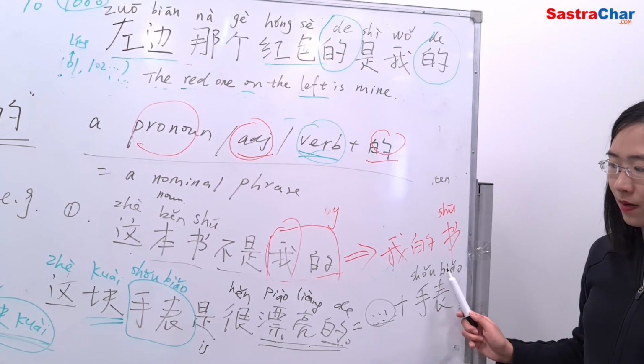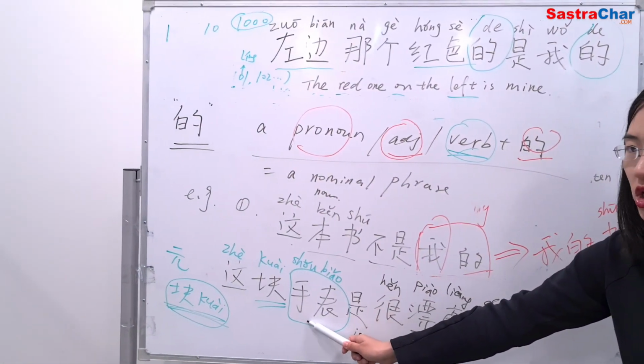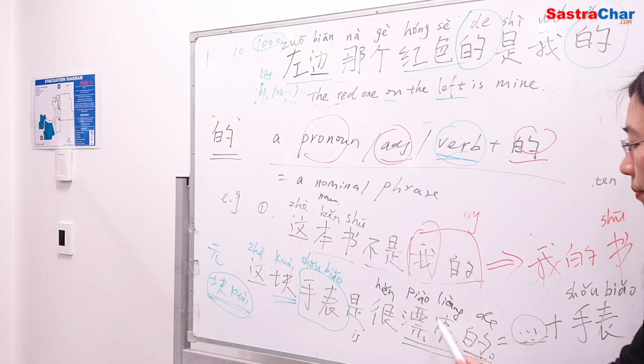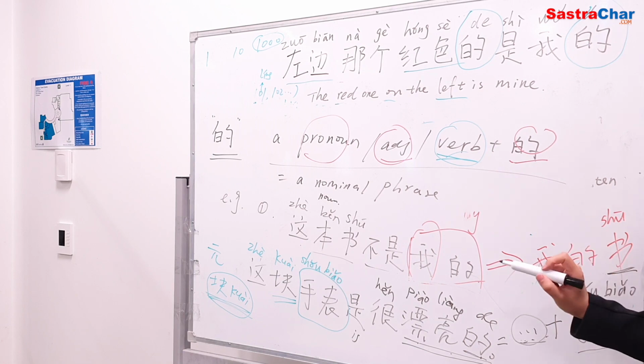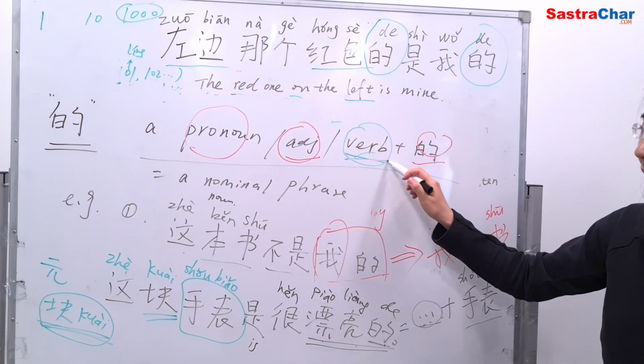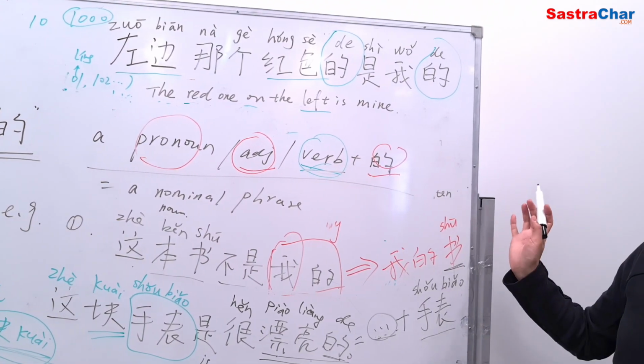Okay, 手表, which means this watch is a very beautiful watch. Yeah, so we omit the watch here as we omitted the shoe, and we omit others like 我买的, right, 买的椅子, 桌子 or something else.